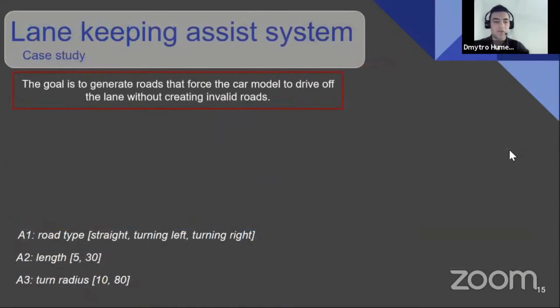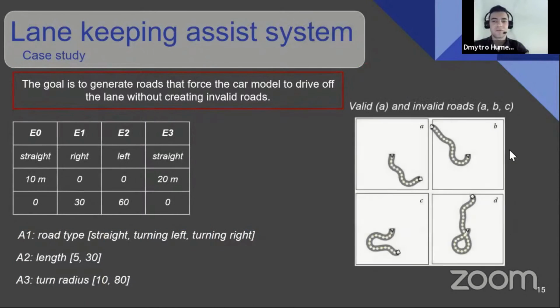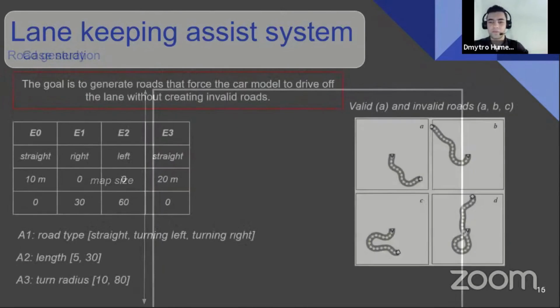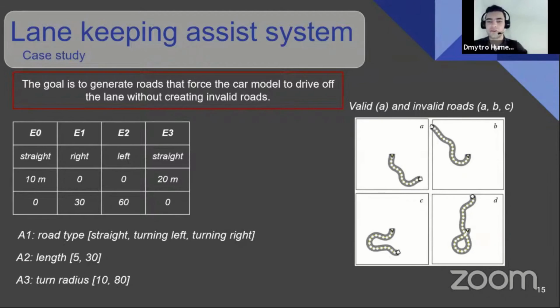And here is the actual case study that we used to evaluate our work. The goal is to test the lane keeping system of the car, and we need to generate valid roads, and make the car follow them and not go out of the lane. We have three attributes: the road type, its length, and the possible curvature angles.